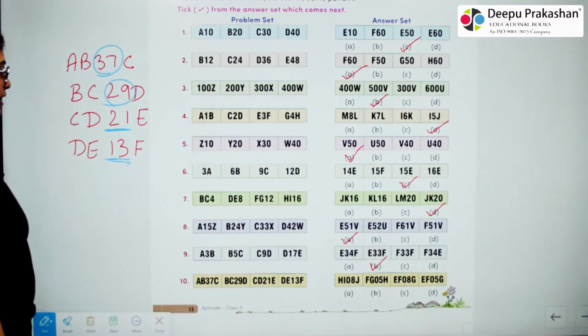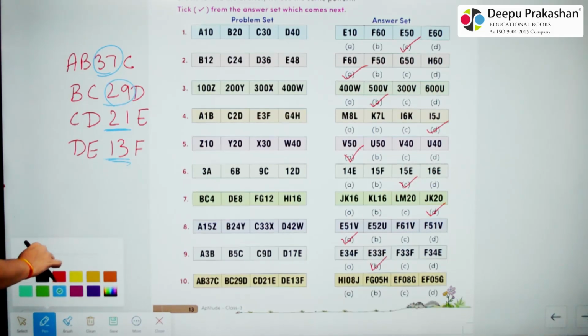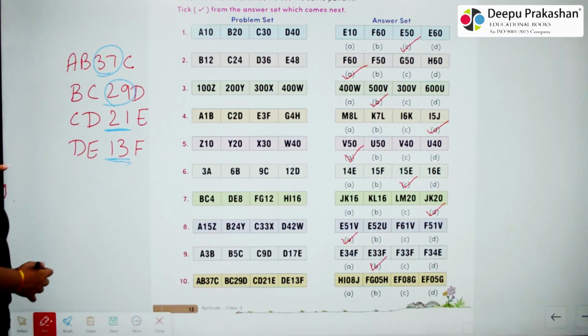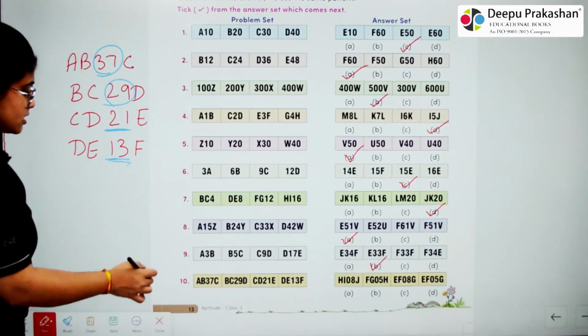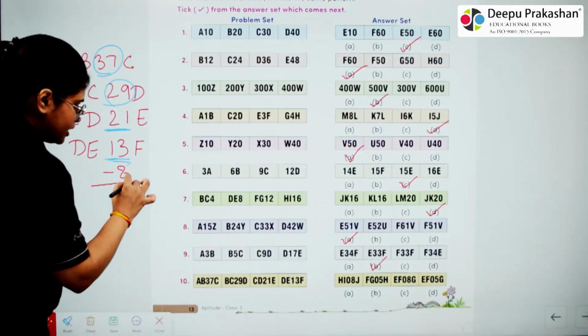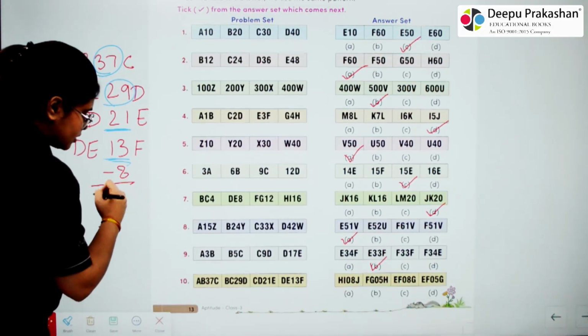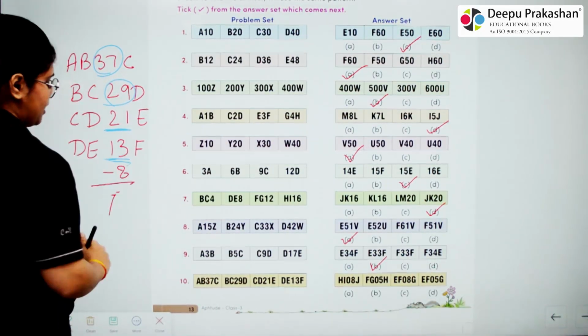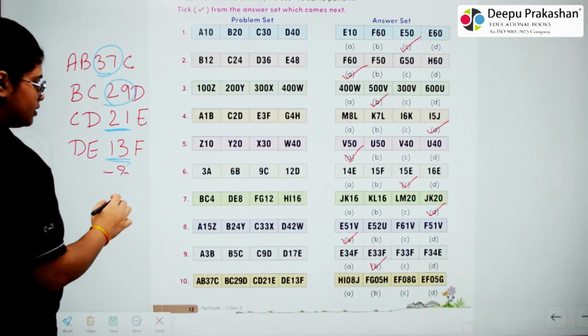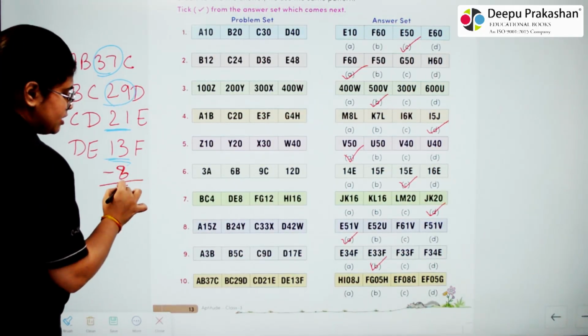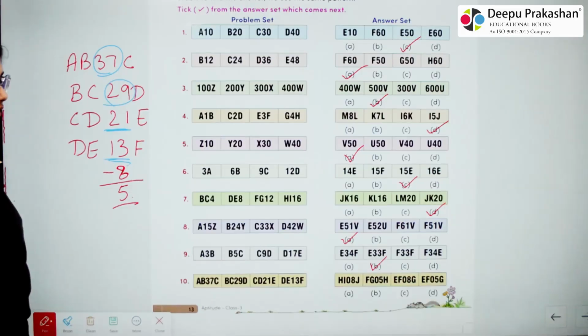So to find the answer, we need to subtract 8 from 13, and that will be 5.